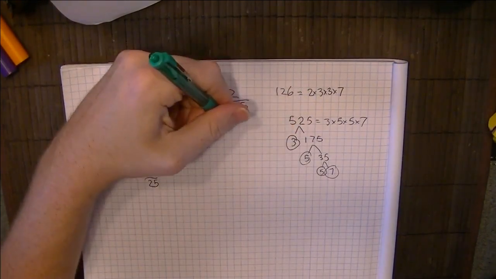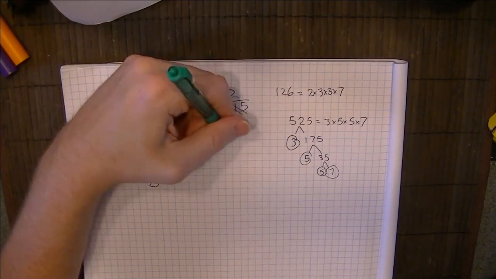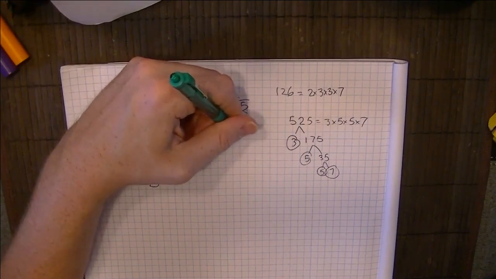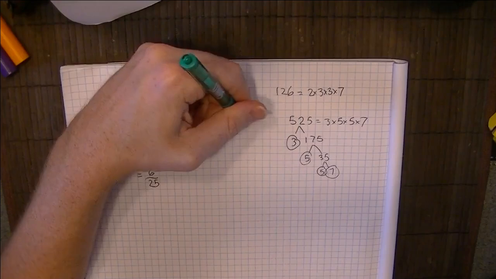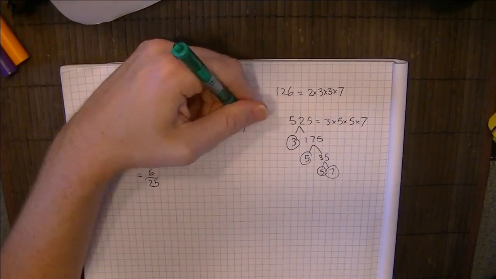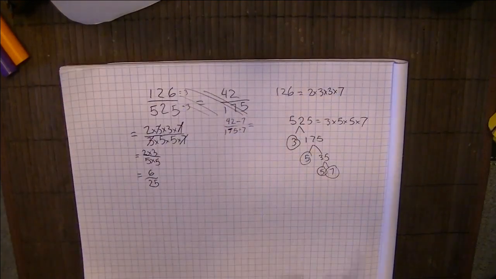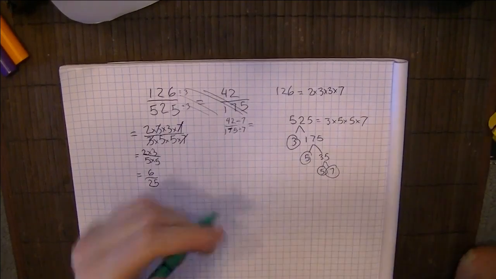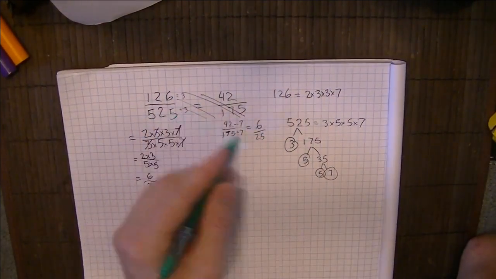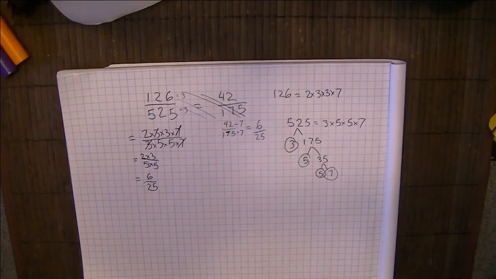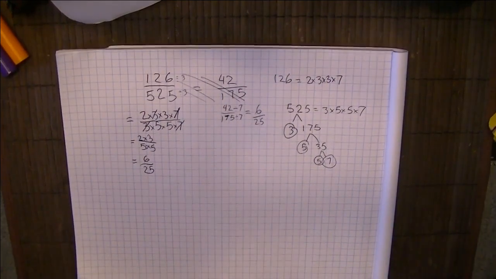And if we look back up here at the work that we did, we had 42 over 175. Okay, and I could divide this by 7, divide numerator and denominator both by 7, gets me 6/25. So it is possible to do it step by step, and if that's what you want to do, more power to you.